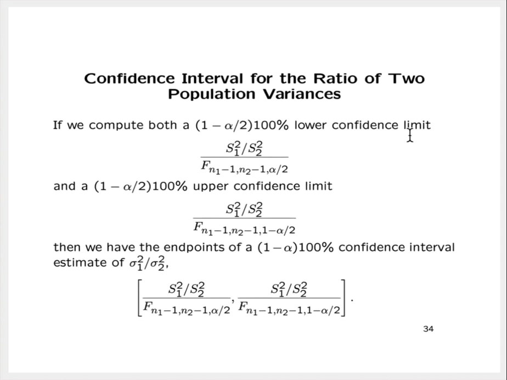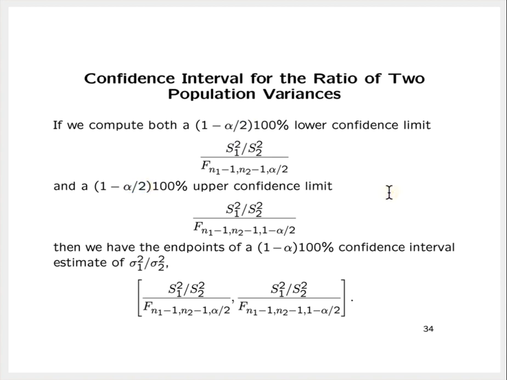And then finally, if we take what we've learned about constructing a lower confidence limit and an upper confidence limit, and we compute a (1 minus alpha over 2) times 100% lower confidence limit and a (1 minus alpha over 2) times 100% upper confidence limit. Notice that we're dividing alpha by 2 in each of these.